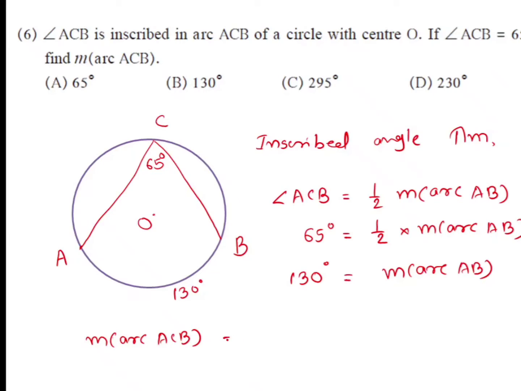That is 360 degree minus 130 degree. So 360 minus 130, it is 230 degree. So this is the alternative given at option D. That's why option D is the correct alternative for this question.